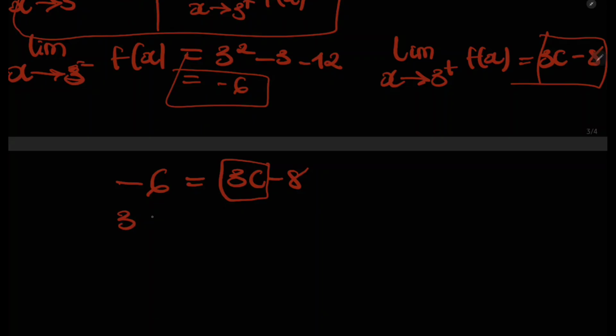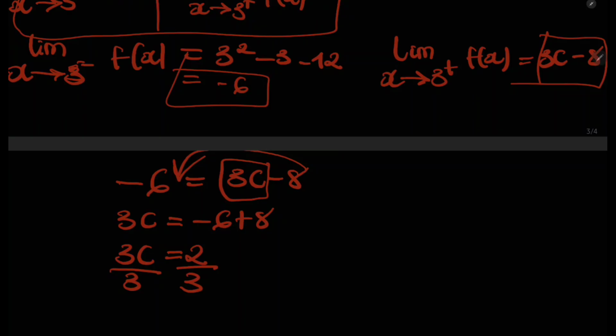So we have 3c equal to minus 6 plus 8. We simply took this over here, and remember the sign always changes when it crosses an equality sign. So here we have 3c equal to 2. Now we are going to divide both sides by 3, since we are looking for the value of c. So this will cancel, and we are left with c equal to 2 on 3.